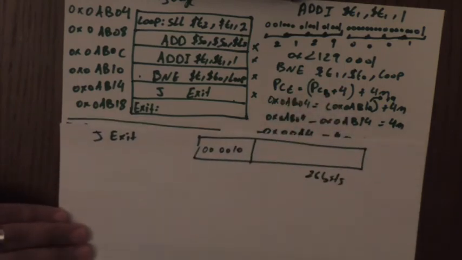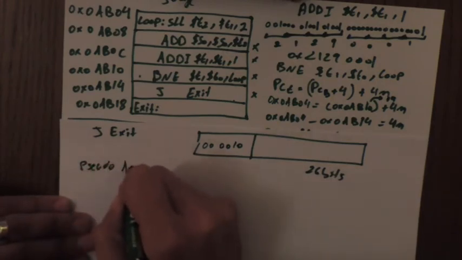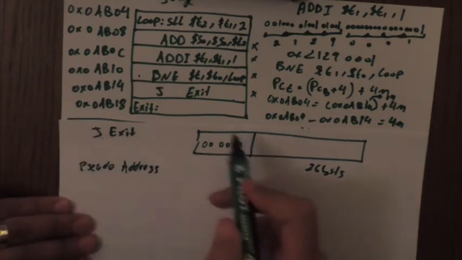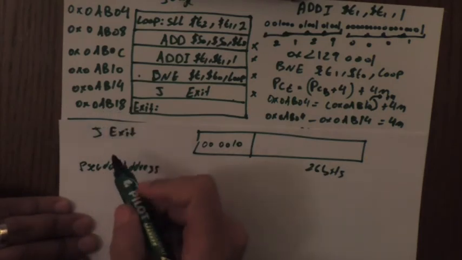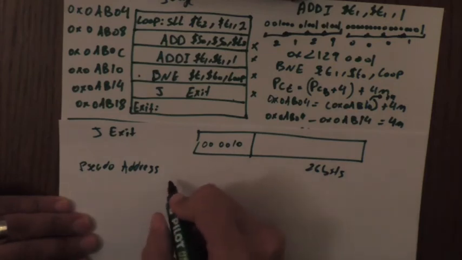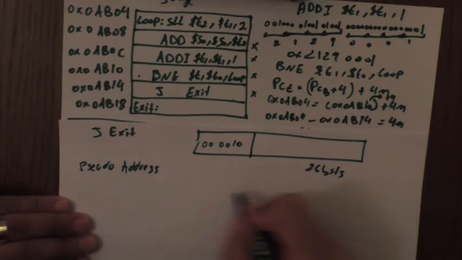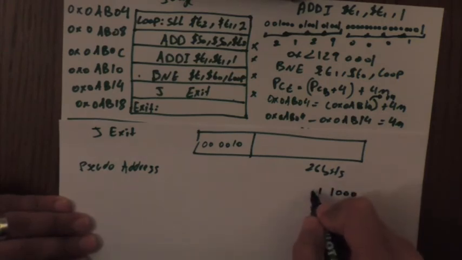So jump uses pseudo address. The first thing I'm going to do is check the target. It's 0AB18. Of course, this is going to be 32 bits, so I'm going to write this in 32-bit representation. It's going to take a while. I'm going to start from here. This is 8. This is 1.